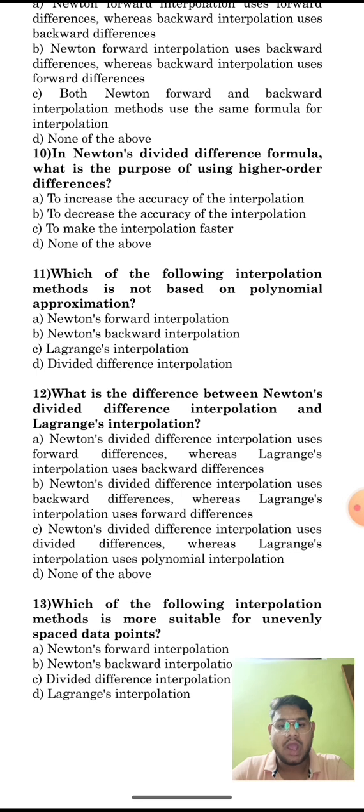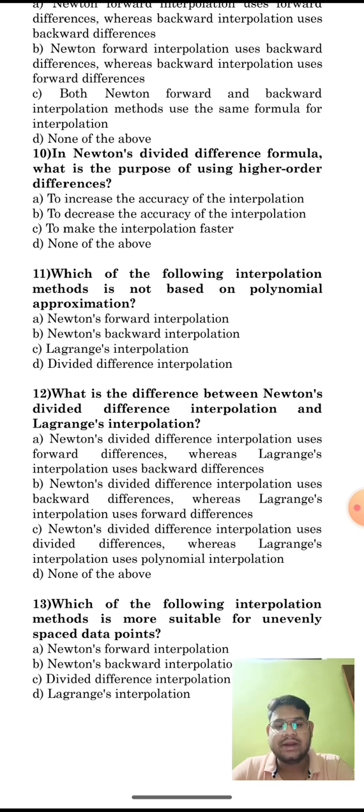Question number 12. What is the difference between Newton's divided difference interpolation and Lagrange's interpolation? Option A. Newton's divided difference interpolation uses forward difference, whereas Lagrange's interpolation uses backward difference. Option B. Newton's divided difference interpolation uses backward differences, whereas Lagrange's interpolation uses forward differences.